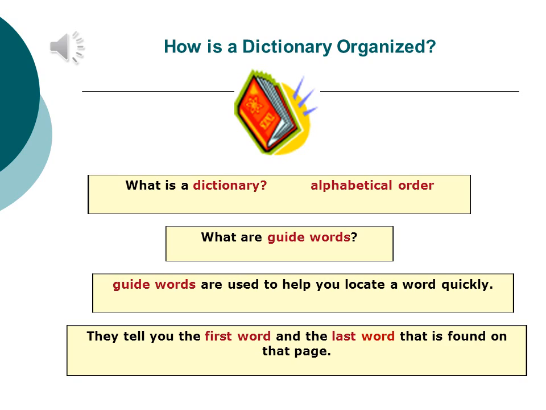The thing you need to know is what guide words are. They are simply used to help you locate a word quickly in your dictionary. Guide words tell you the first and the last word that is found on a particular page.